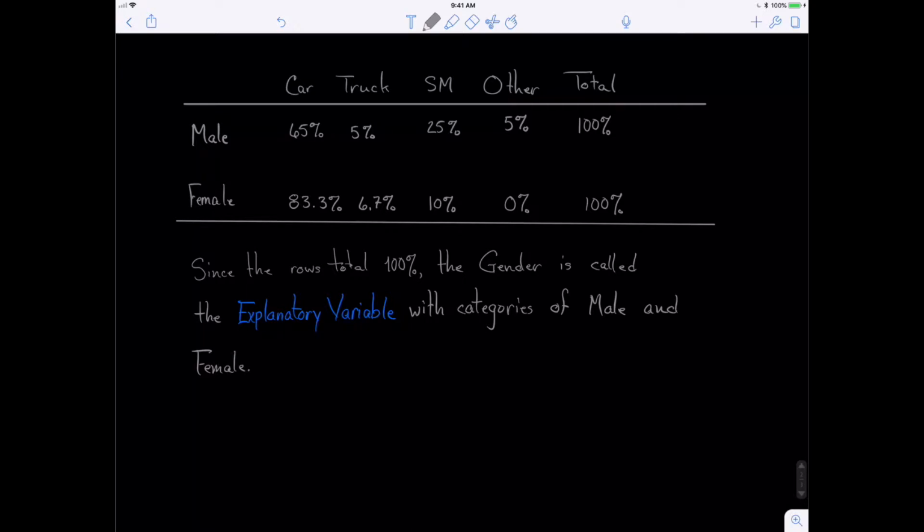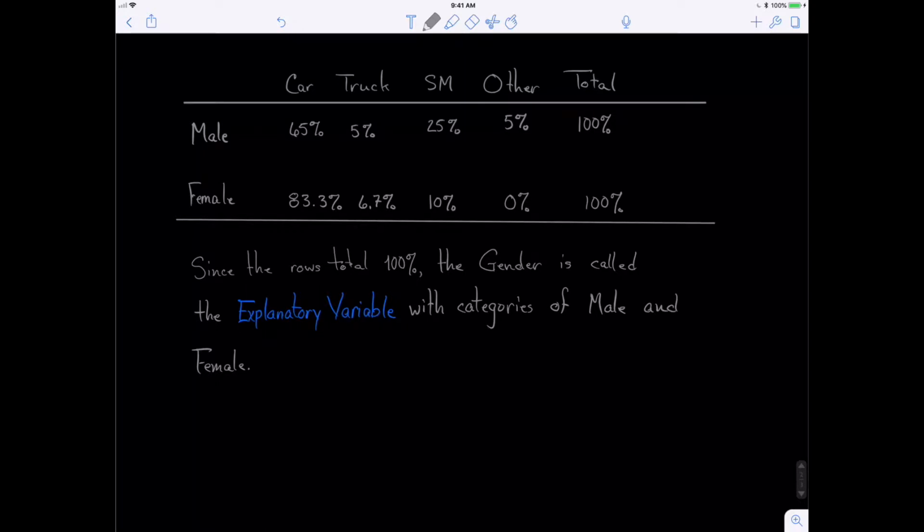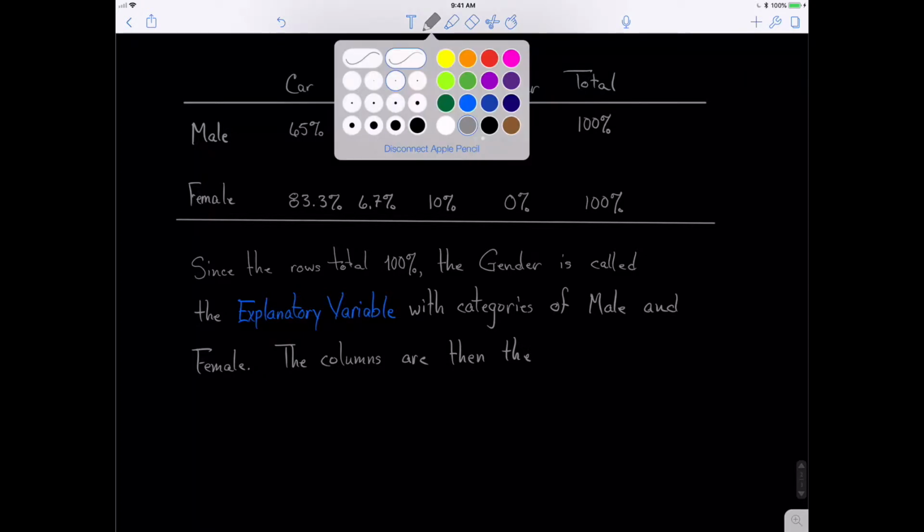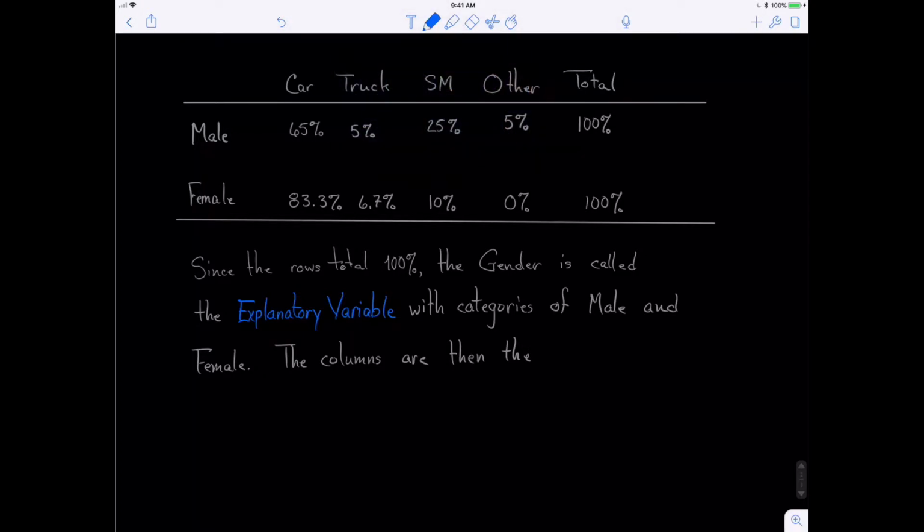Now, let's see. The next part then is that means that the columns are then the response variable, and that one we'll also do in our bright blue.